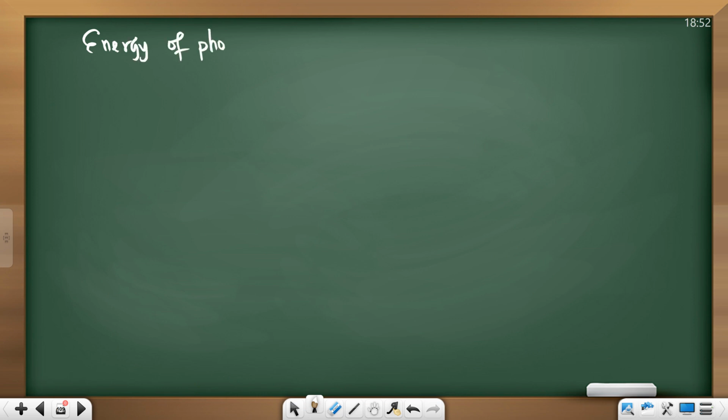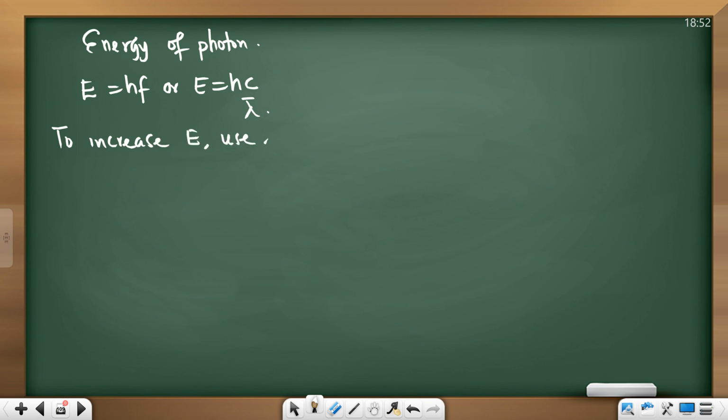How do I change the energy of a photon? Remember, E equals hf, or E equals hc over lambda. So to increase E, we use light of a higher frequency or shorter wavelength.